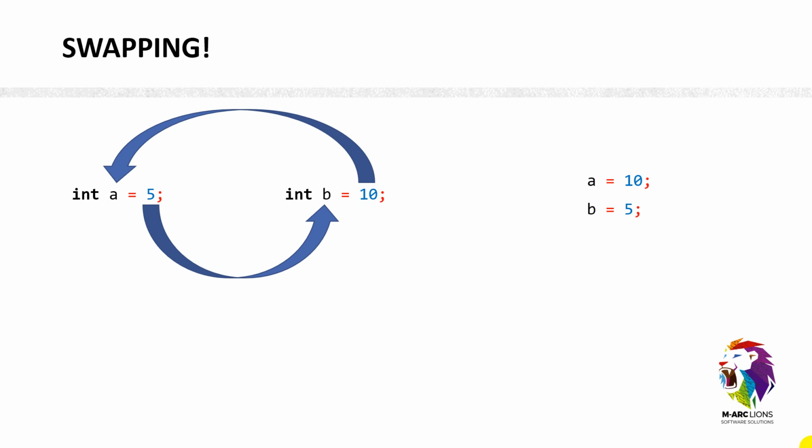In the previous example which you have just seen, a is equal to 5 and b is equal to 10, but now I want a to be equal to 10 and b to be equal to 5. So how to do this? The task is to swap the value of variable a with the value of variable b. So just pause the video here, try to perform this task and write me back how you did this.